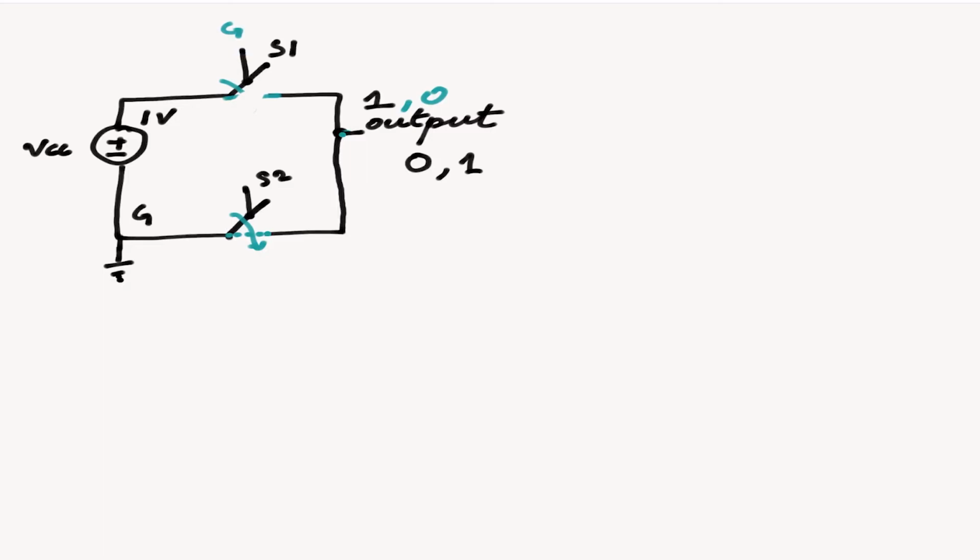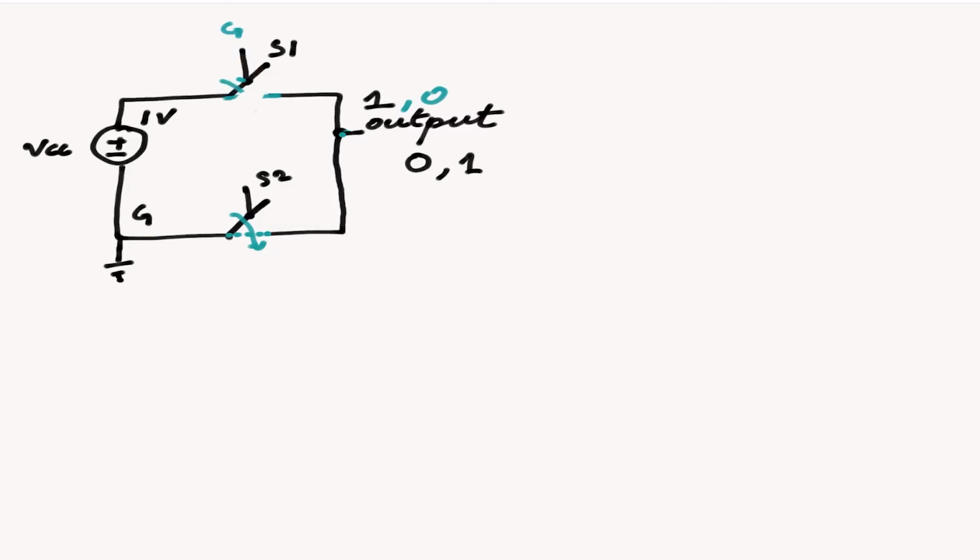Maximum current means very small resistance, so this output node is almost equal to 1 volt. And when we open it and it turns this off, there is no current flowing through that line.